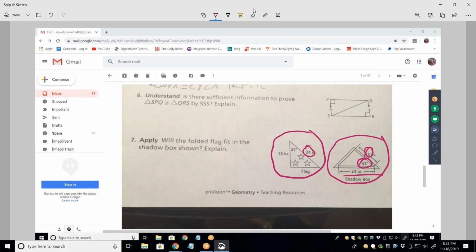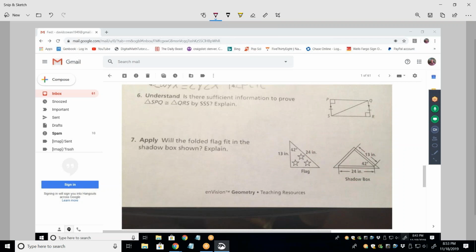So based on side, angle, side, we have side 1, that angle, and side 2, right? So I would explain it by side-angle-side. Yes. Congruent because it's side, angle, side. So that is the folded flag, and it's congruent by side-angle-side.